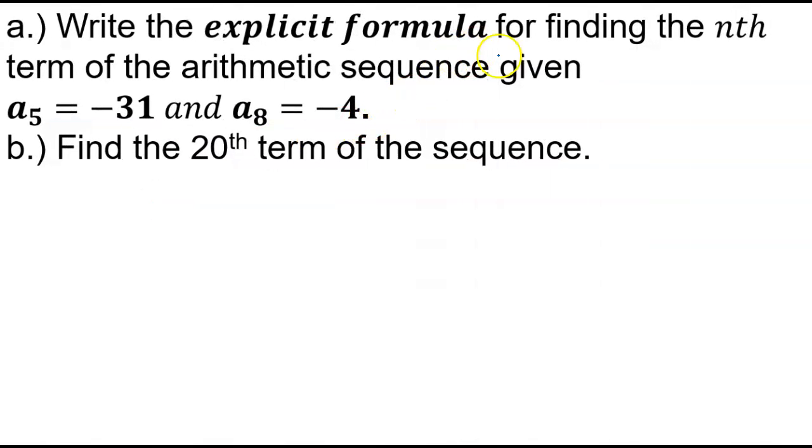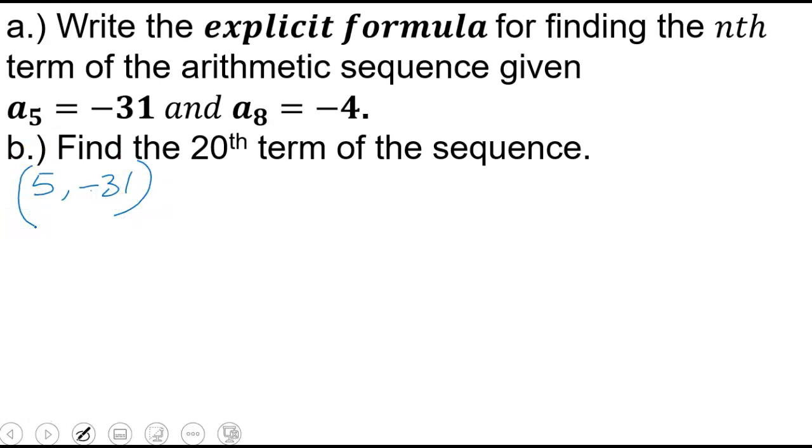Okay, write the explicit formula for finding the nth term of the arithmetic sequence, given that the 5th term is this and the 8th term is this. Again, we have some numbers missing in between them. Since we are given the 5th term, that means when n is 5, the input is 5 and the output is -31.